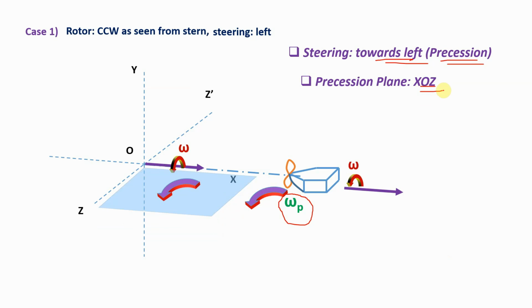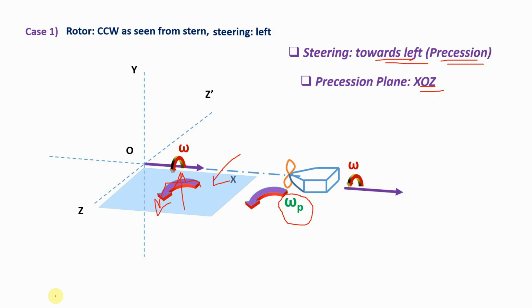Now to represent precision velocity omega p using a vector, we again make use of right hand rule. Take your right hand in the precision plane XOZ, curl the fingers of right hand in the sense of omega p, and the thumb will point in the direction of precision vector.